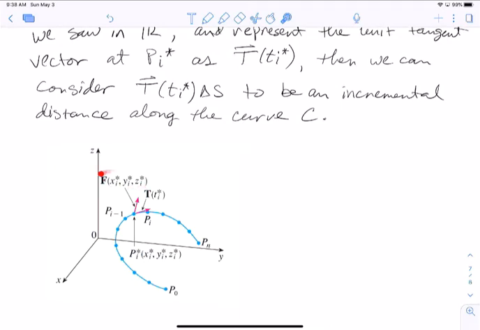Now, F is a vector field, and F is the force that is moving a particle from P sub i star to P sub i.